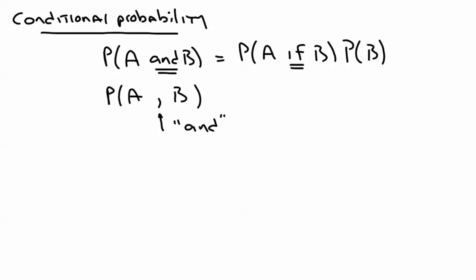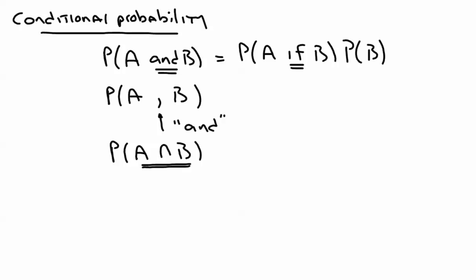And another way, using set theory, is probability of event A intersect B. The intersection of A and B is that collection of events which are both in A and B simultaneously. So if any of the events in the intersection occur, both A and B occur simultaneously.